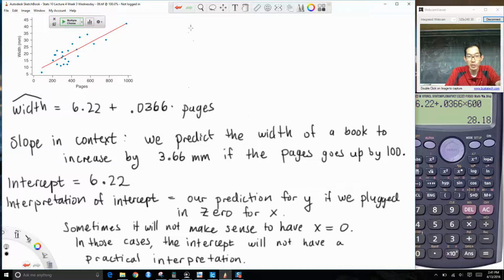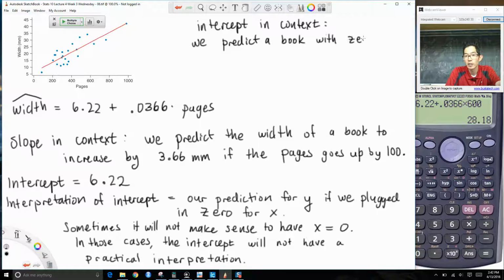So the intercept in context here would be, we predict a book with 0 pages to have a width of 6.22 millimeters.